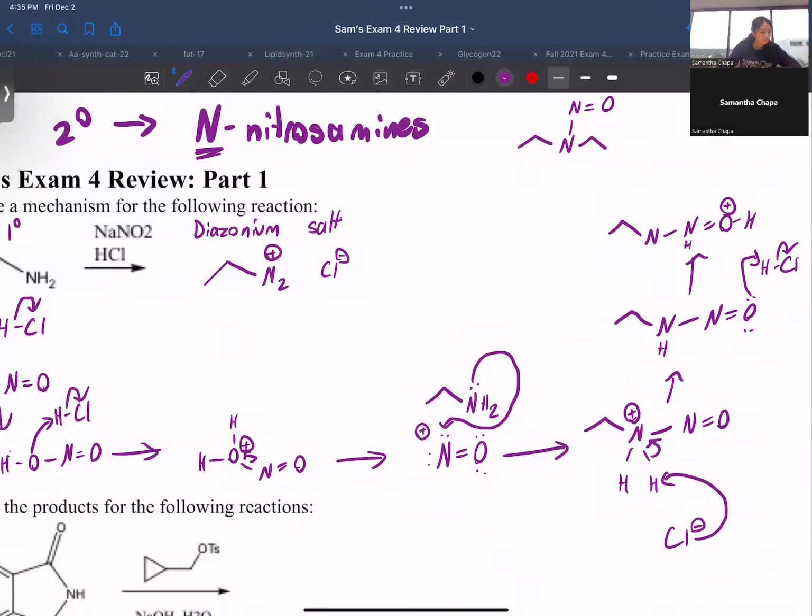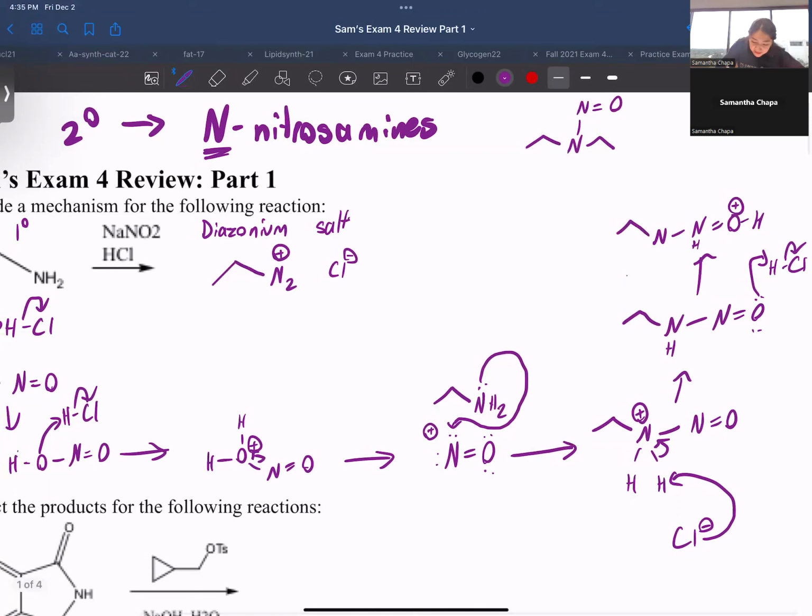We have a positive charge. Okay, so we're trying to get rid of that OH, so we're trying to make it a good leaving group. What we're going to do is use chloride again. Oops, I put it on the wrong one. A chloride group comes and deprotonates my nitrogen, putting those electrons on my nitrogen bond and neutralizing this right here.